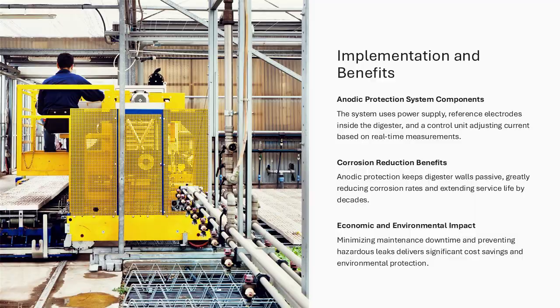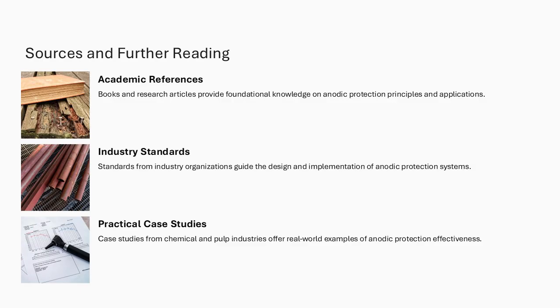Sources and further reading. Key references for anodic protection include academic papers, industry standards, and technical manuals. Recommended sources are Corrosion Engineering, by Mars G. Fontana, NACE International Standards on Anodic Protection, and research articles from journals such as Corrosion Science and Journal of Electrochemical Society.